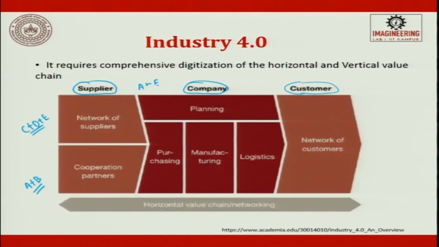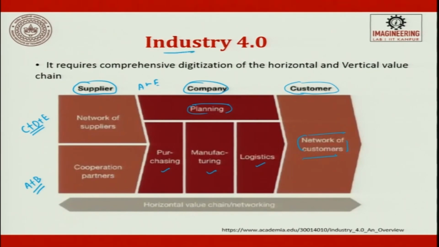Okay. So, when we talk about the company, the major job is planning. In the planning, you have purchasing, you have manufacturing and you have other logistics. Okay. So, now put together, what we generated to meet customer demand happens here on the network of customers.